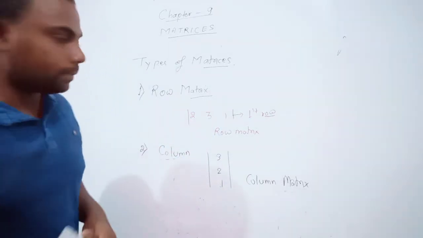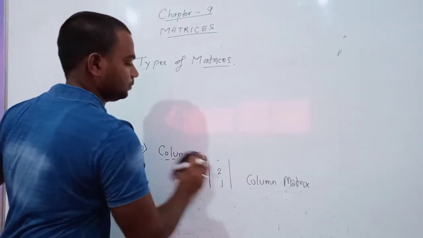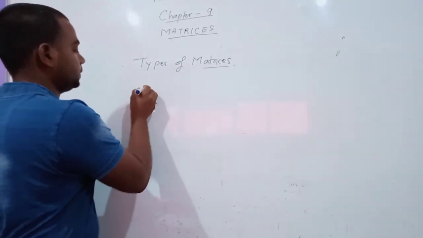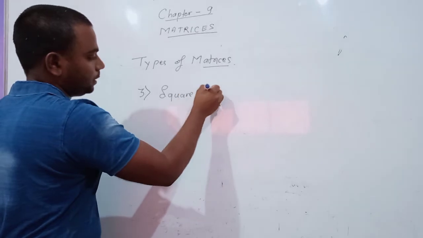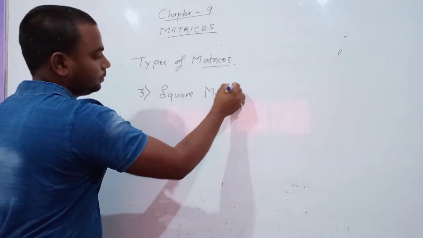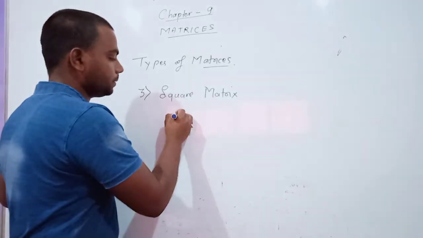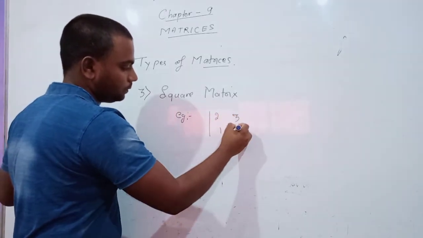Third type is square matrix. So what is a square matrix? Consider an example: 2, 3, 1, 5.